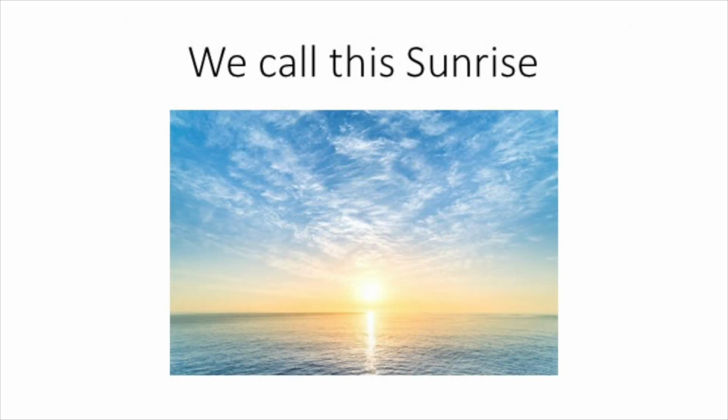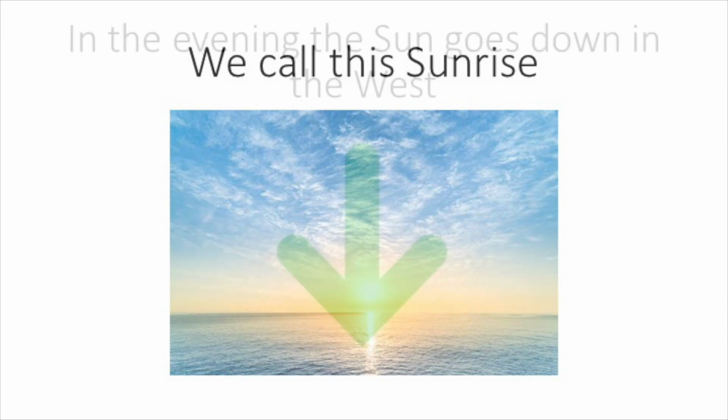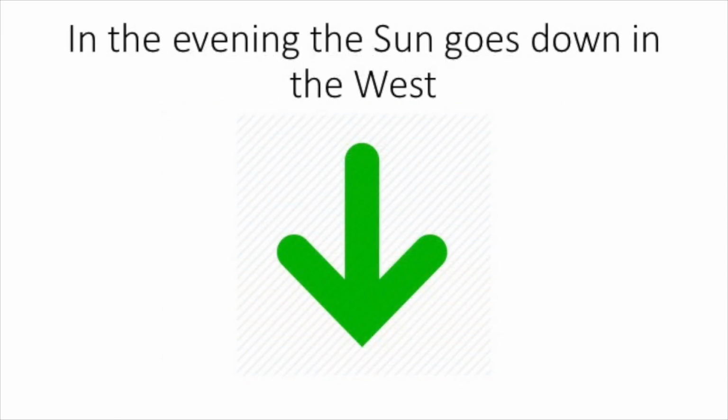We call this sunrise. Yes, because that's what happens. The sun rises. So in the morning, you will see sunrise. In the evening, the sun goes down in the west.